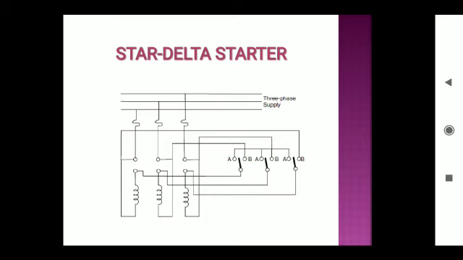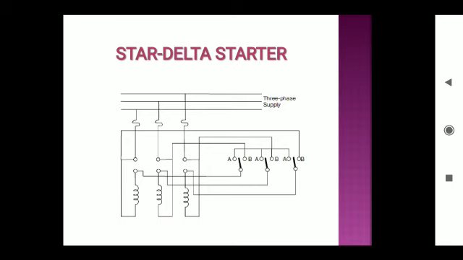When the switch is in the start position, the stator windings are connected in star, and when the motor picks up speed, say 80% of its rated value, the changeover switch is thrown quickly to the run position, which connects the stator winding in delta.